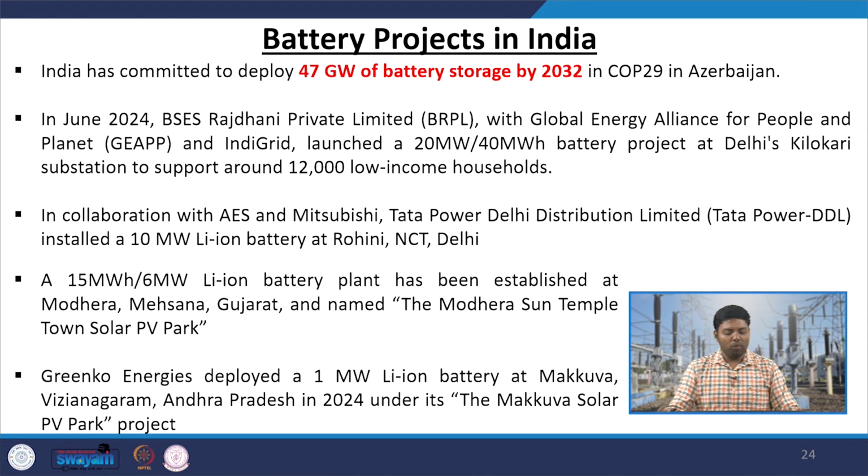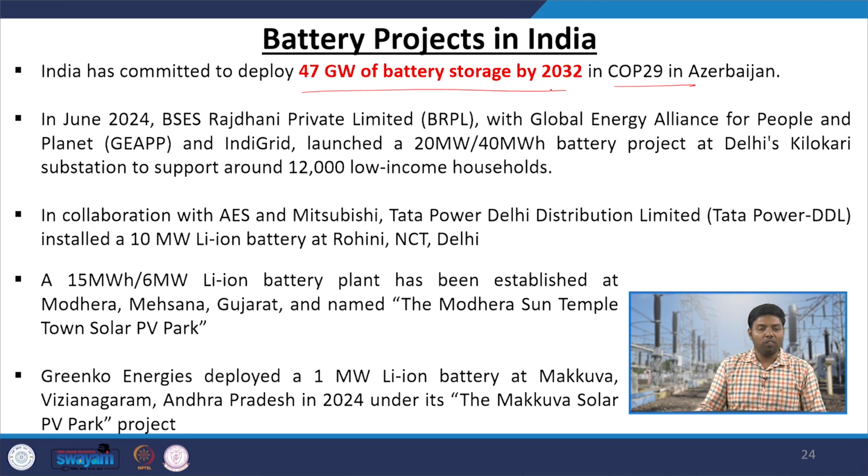So, these are a few battery projects running in India. India promised at COP29 that it will integrate 47 gigawatt of battery storage by 2032. We have the largest battery plant, installed in June 2024 by BSES Rajdhani Private Limited in Delhi, a 20 megawatt by 40 megawatt hour battery to supply 12,000 households.